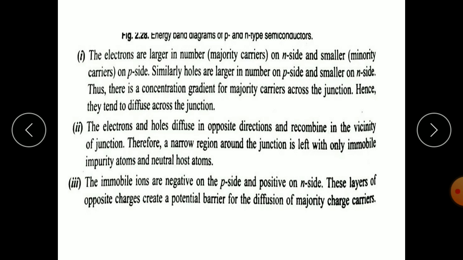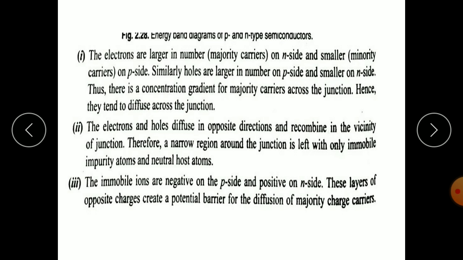The electrons inside the n region move towards the p side, while holes inside the p region move towards the n-type material. Due to that, electrons combine with holes and a depletion region is formed near the junction.